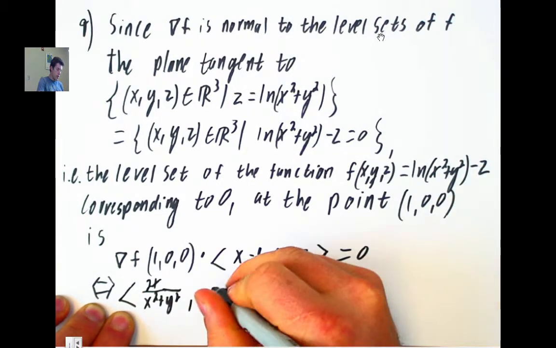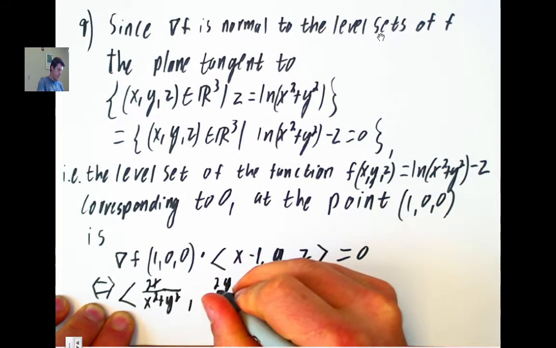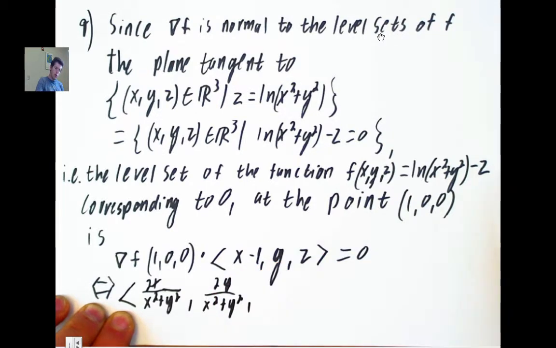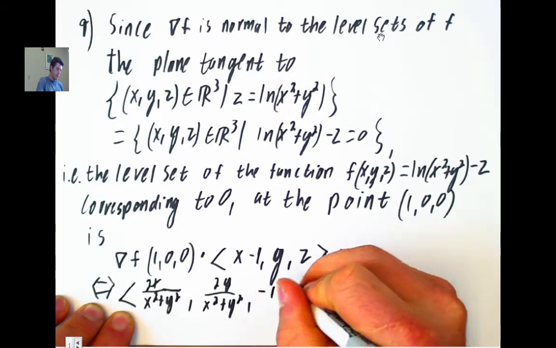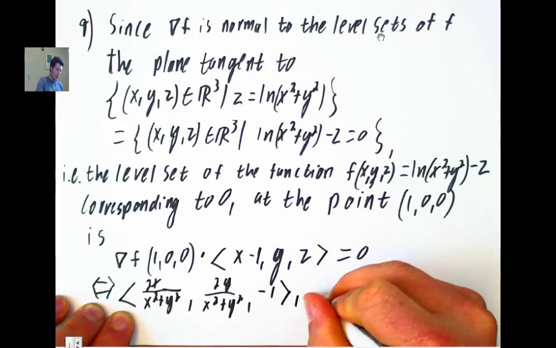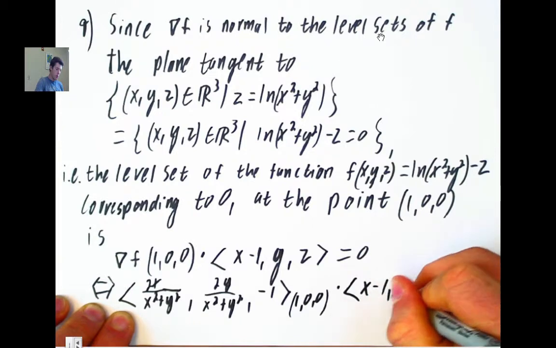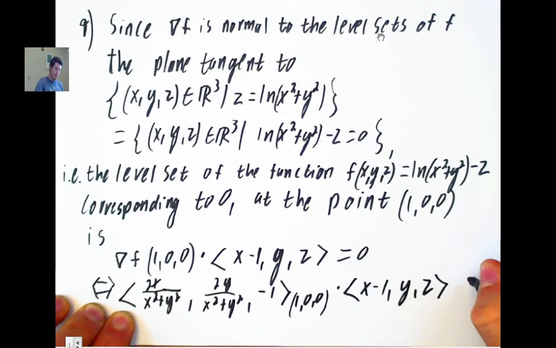And then similarly, the derivative with respect to y. And then the derivative with respect to z, we'll see the natural log term here as a constant, so that'll vanish, and I have the derivative with respect to z of negative z, negative 1. And I need to evaluate that at 1, 0, 0. And then dot with x minus 1, y, z.